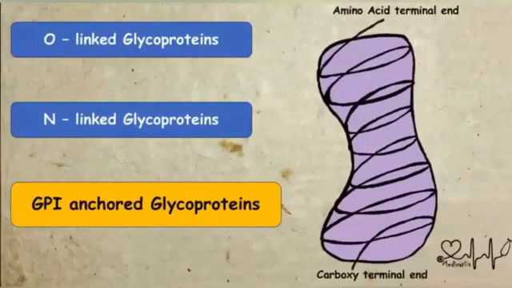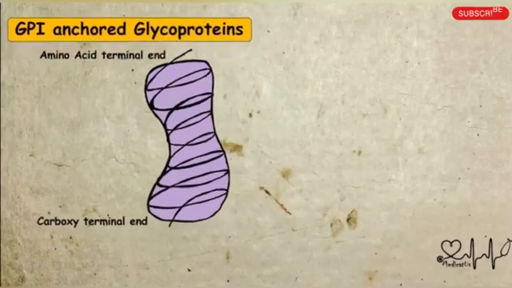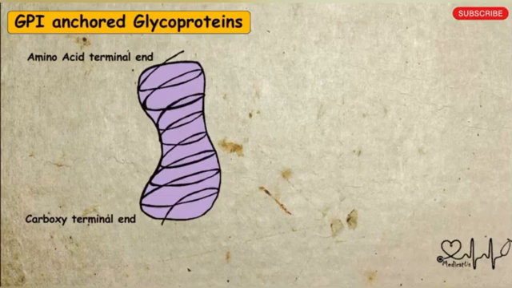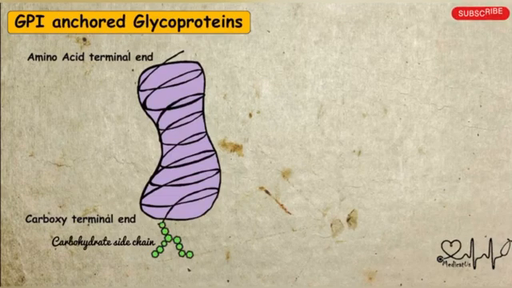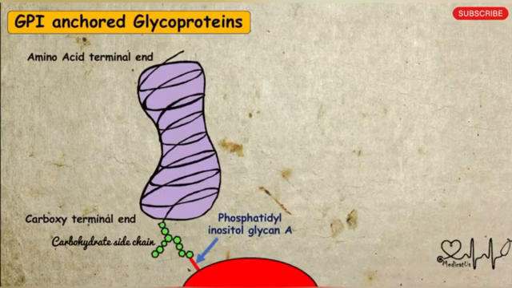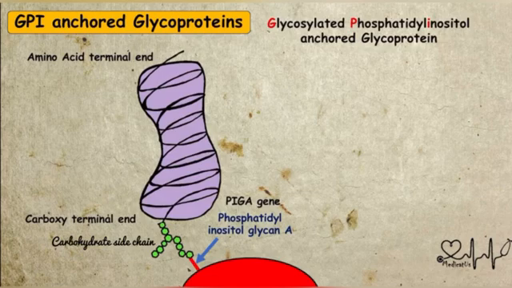Now about GPI anchored glycoproteins, we know that the carbohydrate side chain on one hand is attached to the carboxy terminal end of the core protein, whereas the other end of this carbohydrate side chain is attached to phosphatidyl inositol of the cell membrane, and the gene which codes for this is the PIGA gene, and because of this attachment it is called glycosylated phosphatidyl inositol anchored glycoprotein.